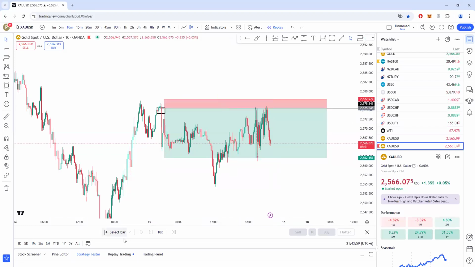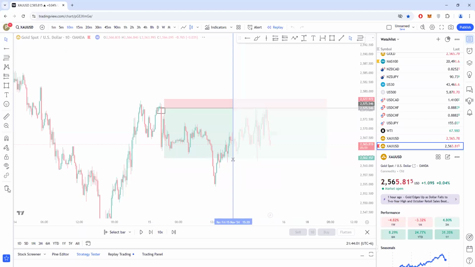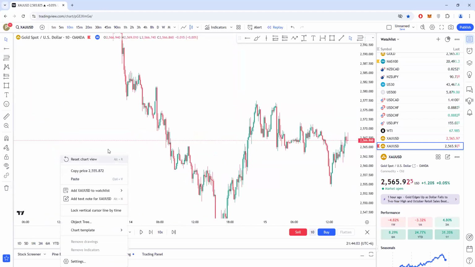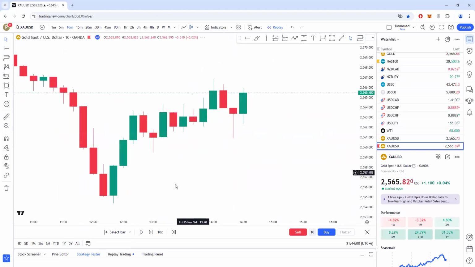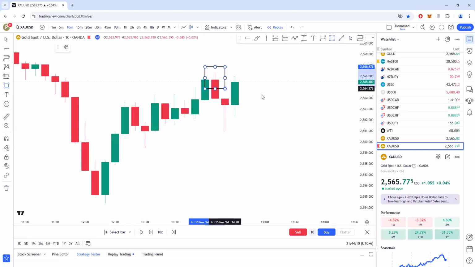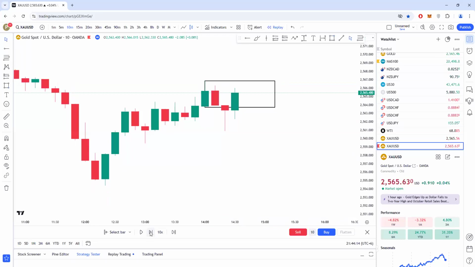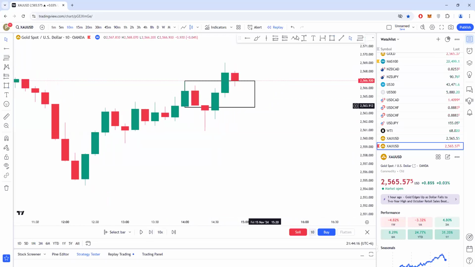I can show you 1,000 trades every day, but do not go after every trade you see in the market. This is an engulfing sell, I believe, and it failed here, and you have this tiny overlapping here.